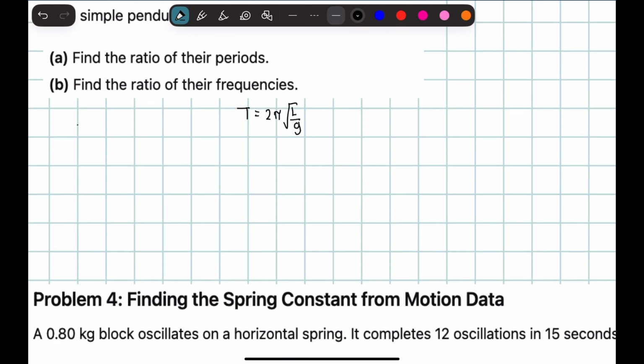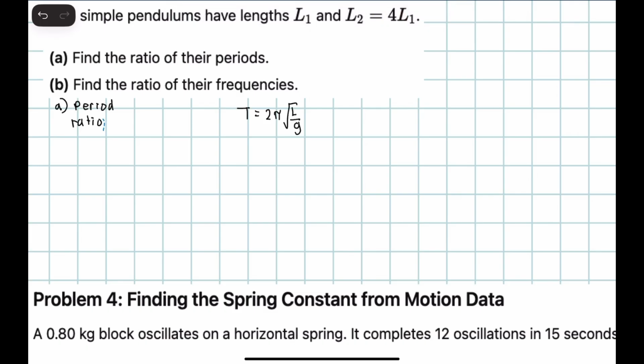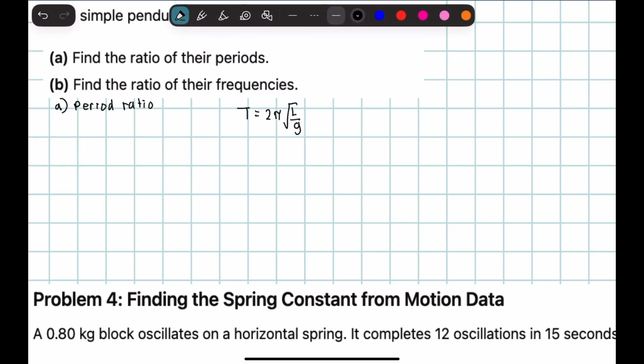So we want the period ratio, T2 over T1, which is equal to the root of L2 over L1. That's going to equal the root of 4, which equals 2.